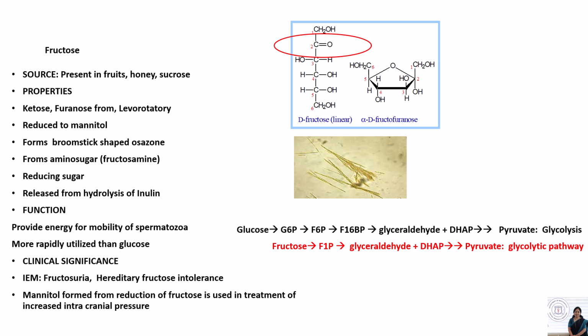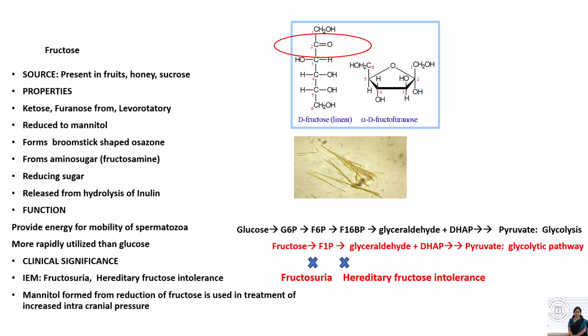So coming to the clinical significance, when fructokinase enzyme is deficient, which is involved in converting fructose to fructose 1-phosphate, it results in an inborn error of metabolism called fructosuria. When aldolase B enzyme is deficient, which is involved in breaking down fructose 1-phosphate to glyceraldehyde 3-phosphate and dihydroxyacetone phosphate, it results in a condition called hereditary fructose intolerance.